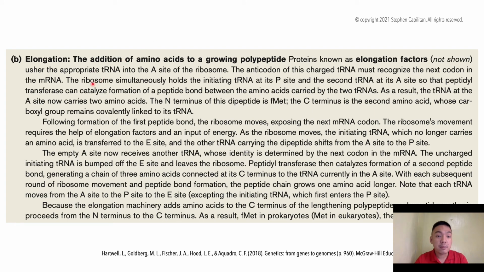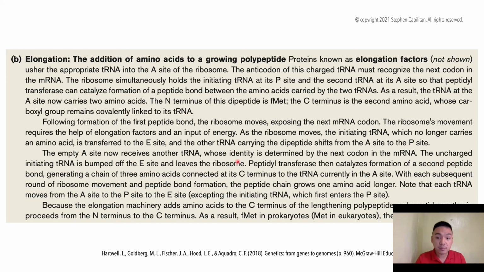So the ribosome simultaneously holds the initiating tRNA at its P site and the second tRNA at its A site, so that the peptidyl transferase can catalyze the formation of the peptide bond between the amino acids carried by the two tRNAs. As a result, the tRNA at the A site now carries two amino acids. The N terminus of this dipeptide is F-met, and the C terminus of the second amino acid, its carboxyl group, remains covalently linked to its tRNA.